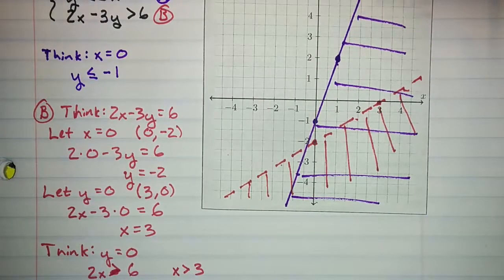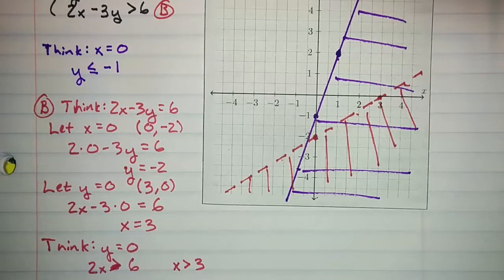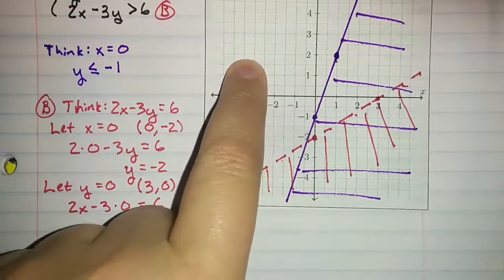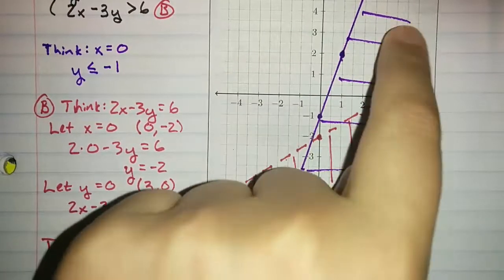Okay, now we're almost finished. We've graphed separately our 2 inequalities. But we're looking for the points that satisfy both inequalities at the same time. Points over here don't satisfy either one.